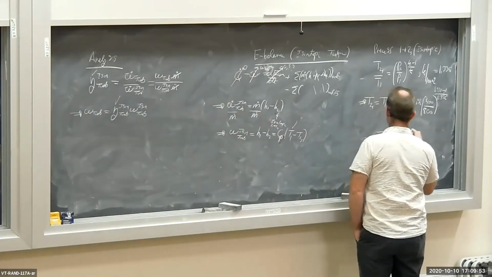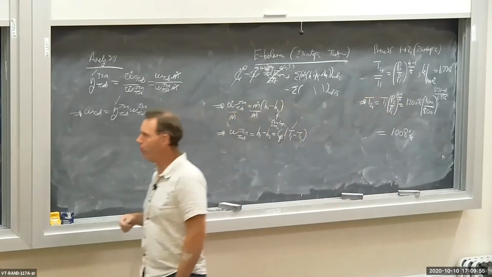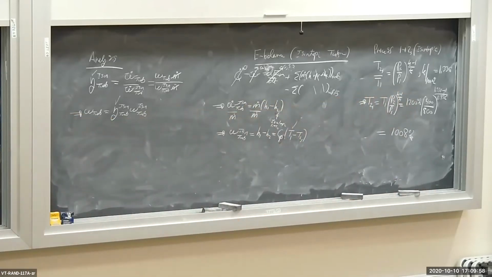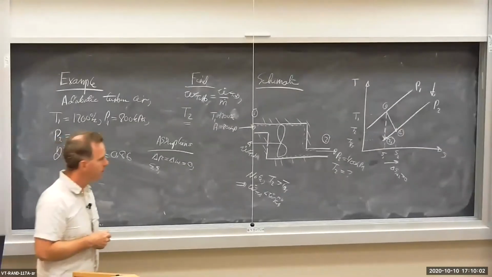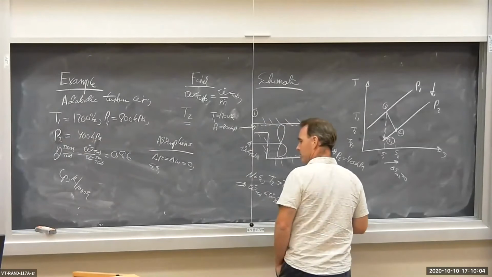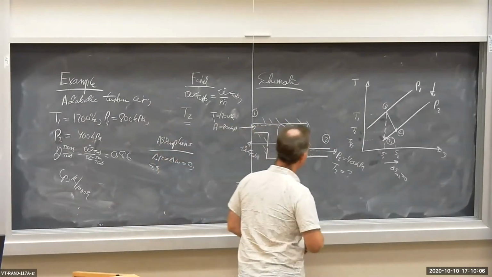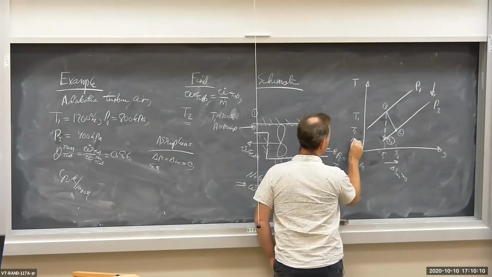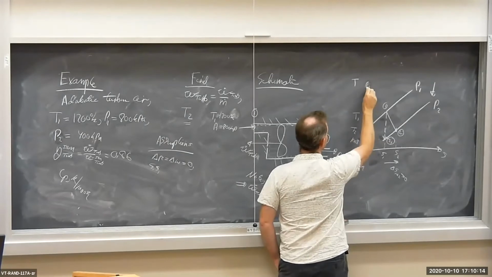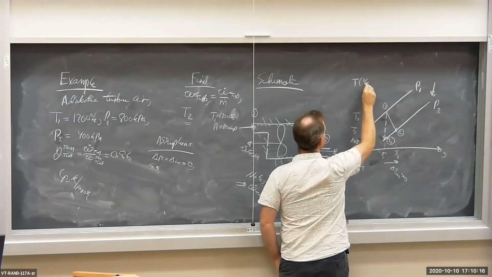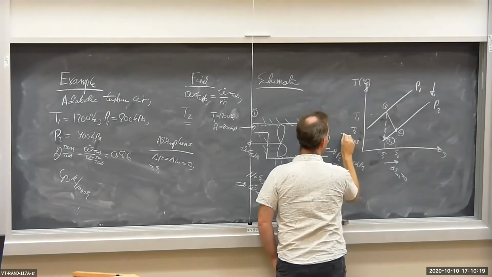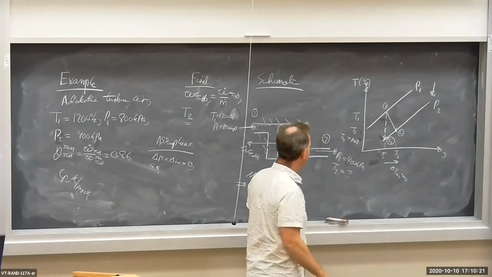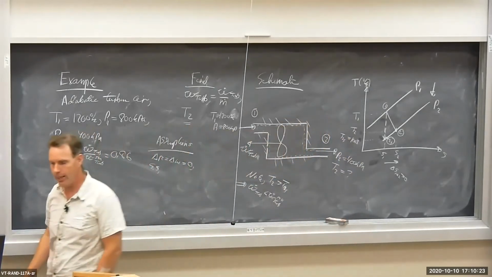So let's go over to my TS diagram, and I can put one temperature in here. This is T2 sub S, 1,008 degrees Kelvin.